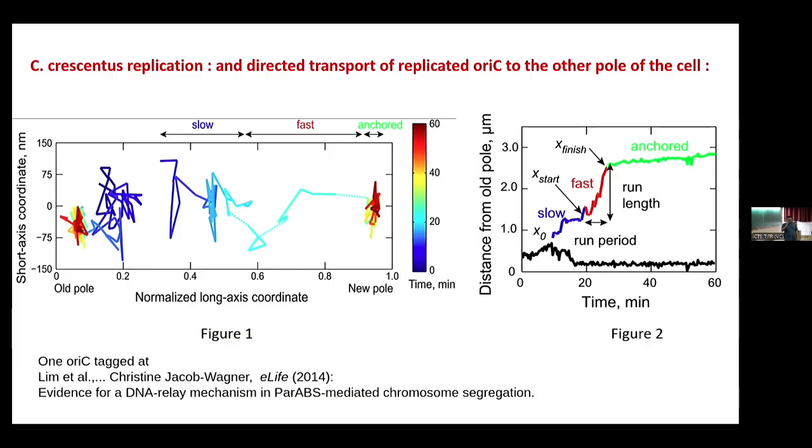ParB loads near the parS sites near the oriC, and ParA is randomly loaded along the DNA contour.